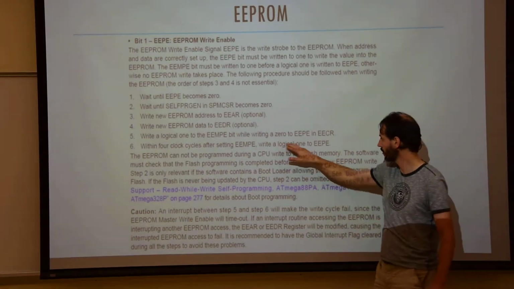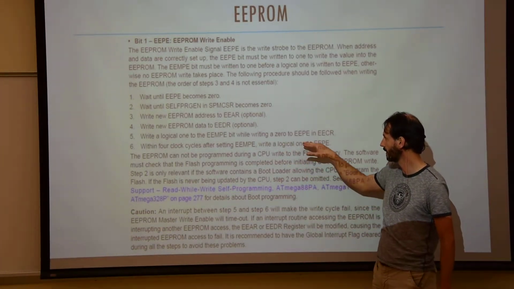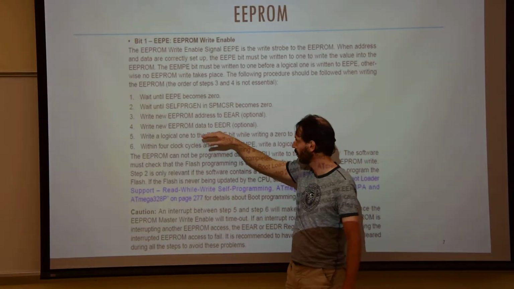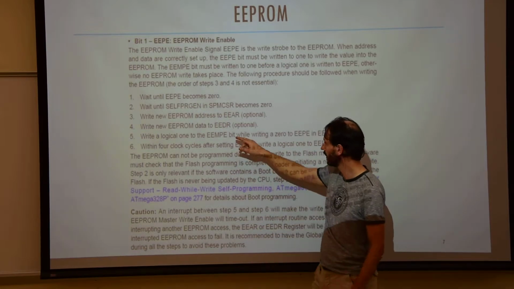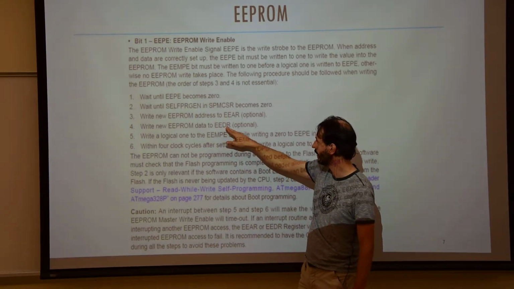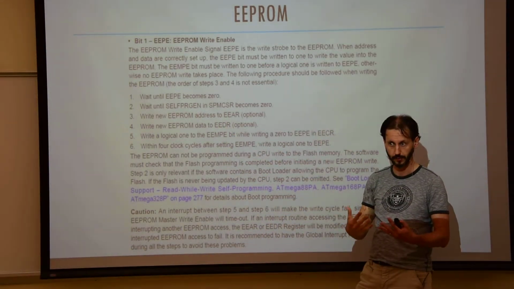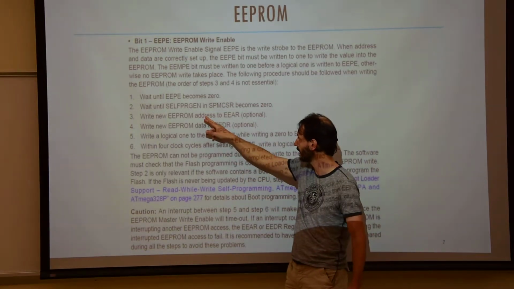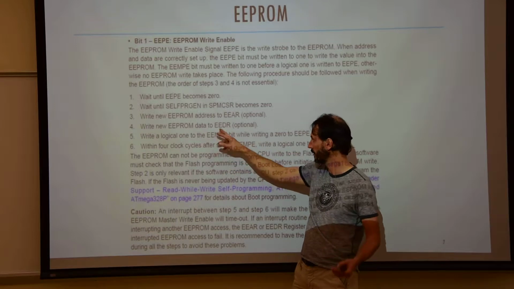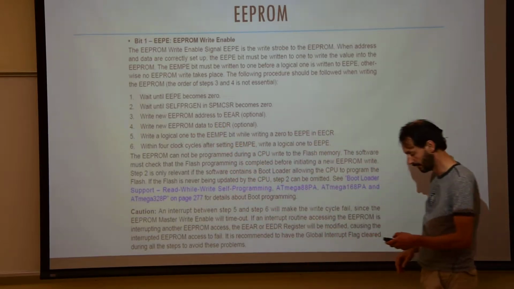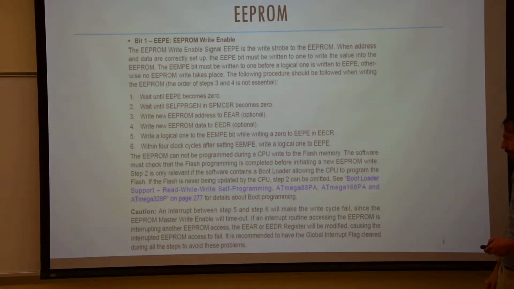Okay, so then you write a logical one, and then at some point this is reset back to 0 once the actual reading or writing is finished, and the EEDR register is either populated with the value that you want to read from this address, or the value at this address in EEPROM is written with what you had in that register.